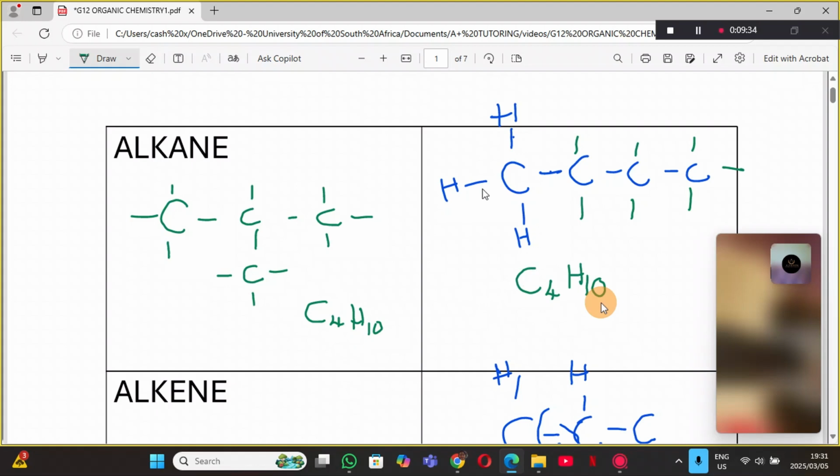But then if we are to be naming, this one has 4. The longest chain is what? It's 4 carbons, right? But then this one, the longest chain is how many? It's 3 carbons. And this is what? A methyl branch. Right? So this is now a branch. It's no longer part of the main chain, but formula wise they are the same.